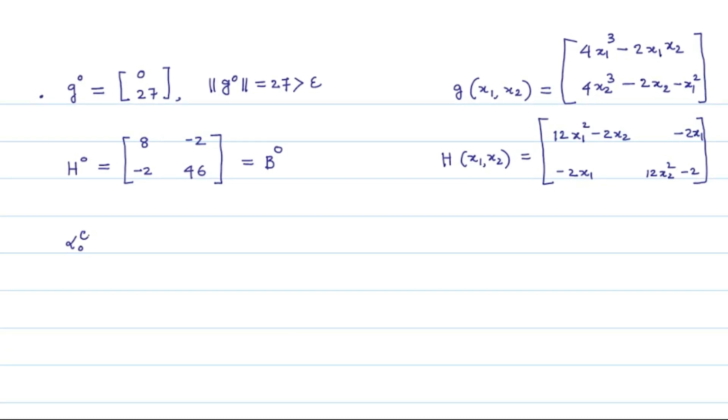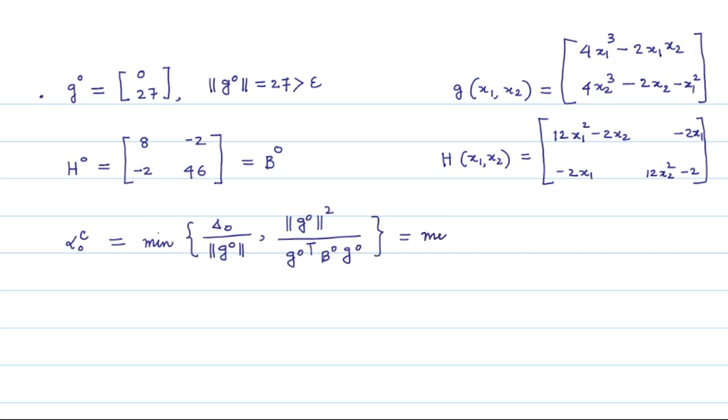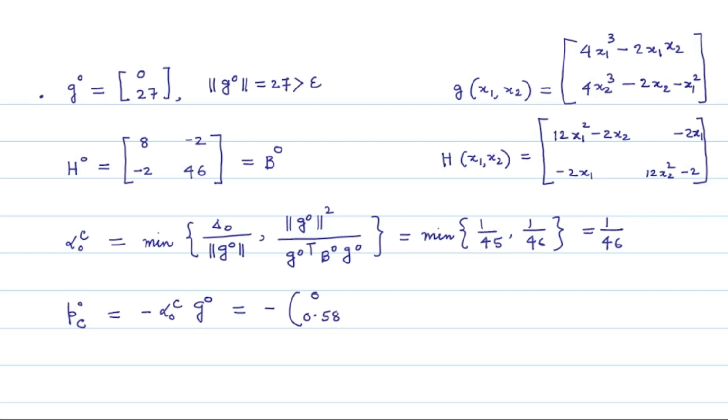The Cauchy step length alpha_0^C is equal to the minimum of 1/45 and 1/46, and therefore is equal to 1/46, and therefore the Cauchy step is equal to minus... 0.587.